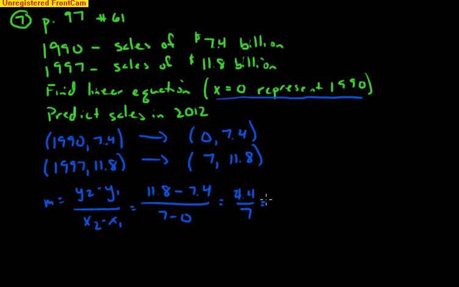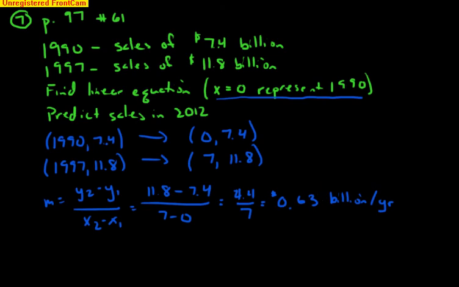And I'll divide that, and it's okay to do decimals here because it's just a word problem. And I got 0.63. So what this really means is $0.63 billion per year. That's what that means. But again, that's not really important. What's important is the number, 0.63.